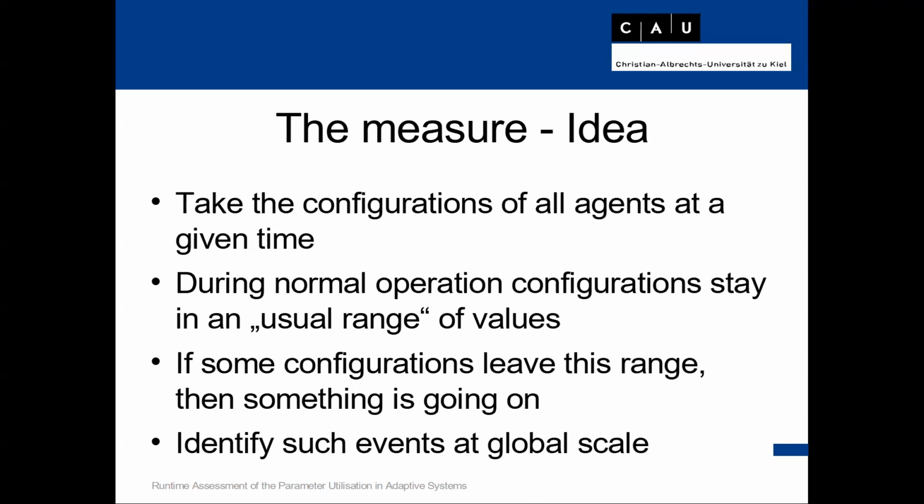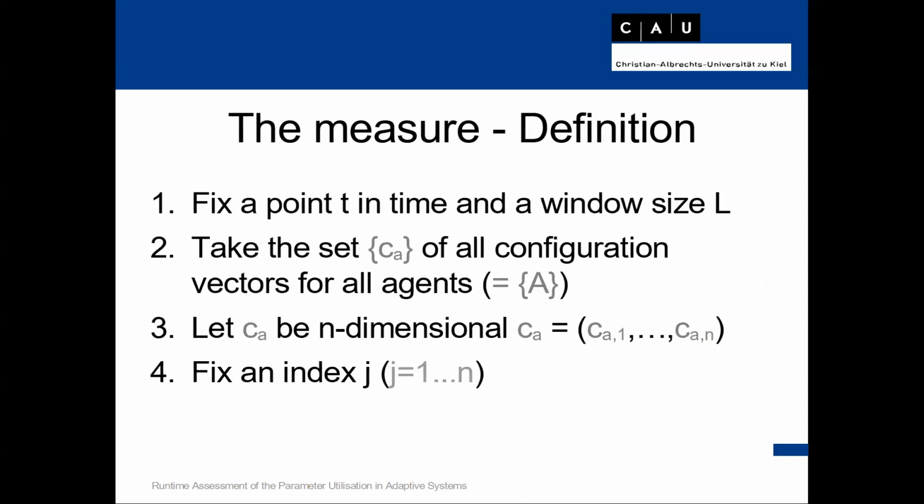If some configurations leave this range of usual values, then we assume that something is going on which we need to look at. And we want to identify such change events at a global scale, not at the scale of a single agent, but at the scale of the whole system. So the main part of the paper is a measure to identify unusual changes.